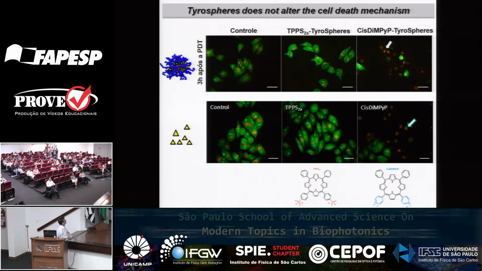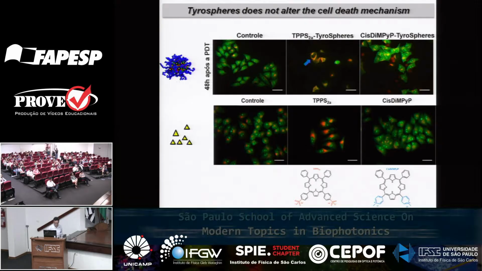This is with tyrosphere, and this is the previous data I already showed. So basically it's the same. And here the same, incorporating tyrosphere, 48 hours. This shows lysosomes burning here, and the cells surviving if they are treated with the positively charged dye. The same as we saw, very similar to what we saw before with the free dye.